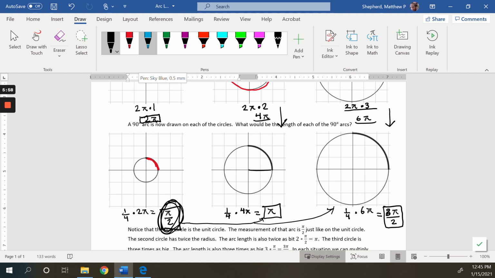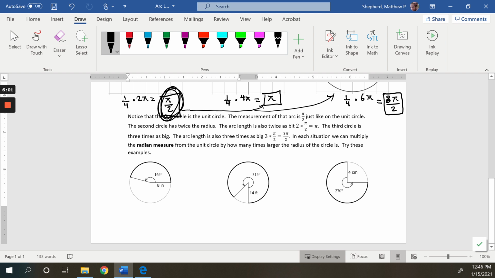So let's look at some problems related to this. I've got this circle. Notice this circle is 8 times bigger than the unit circle. Now, I am told that we've got 165 degrees there. One thing I have taught in a previous video, converting degrees and radians, is how to take our degrees and change those into radians by multiplying by pi over 180. And if we do that, then we're going to get 11 pi 12ths.